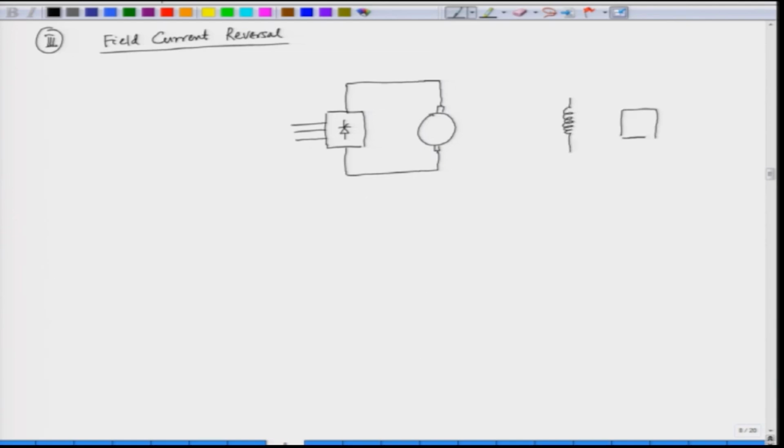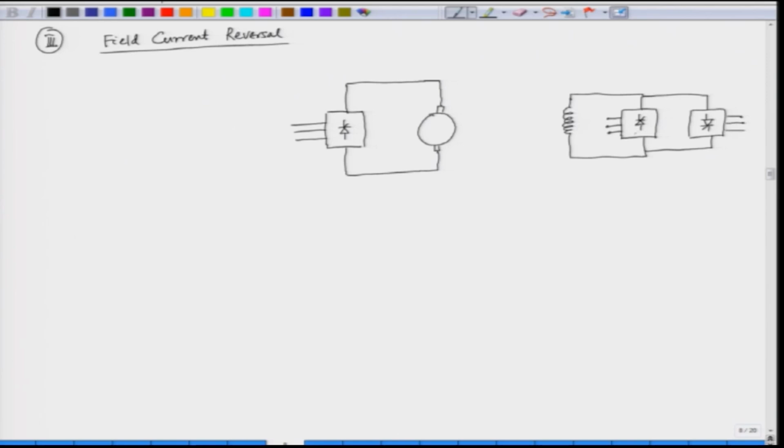So, we have two bridges which are used to supply the field winding. We have something like a dual converter type of configuration. We have two antiparallel bridges, and these two bridges feed the field winding. So, this is the field winding, and we have the 3-phase supply to the two bridges here.